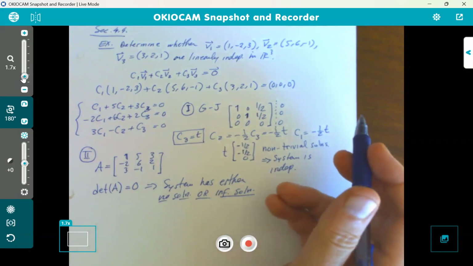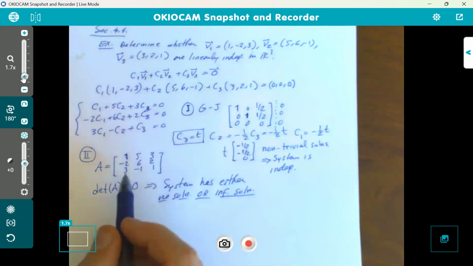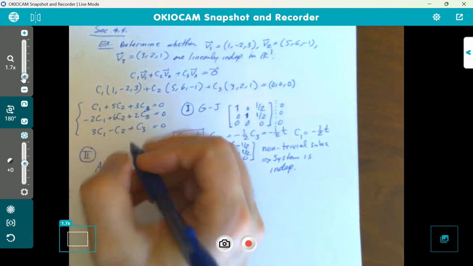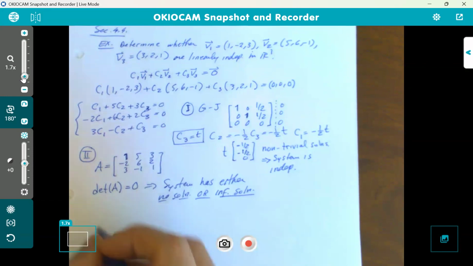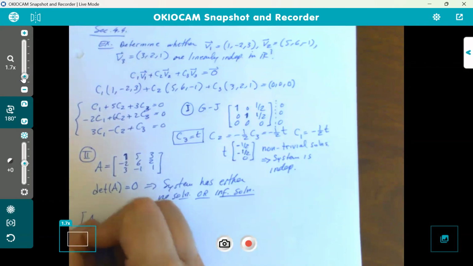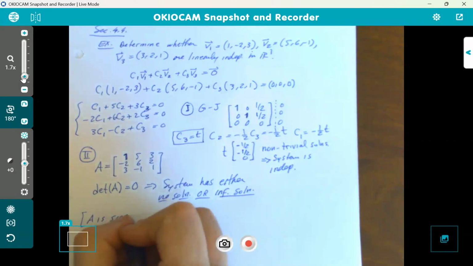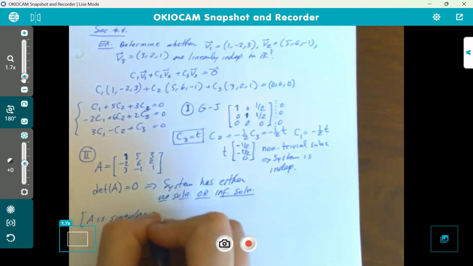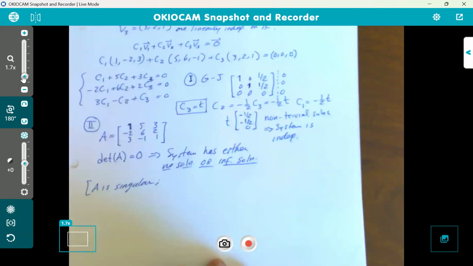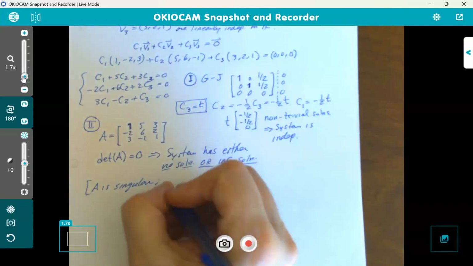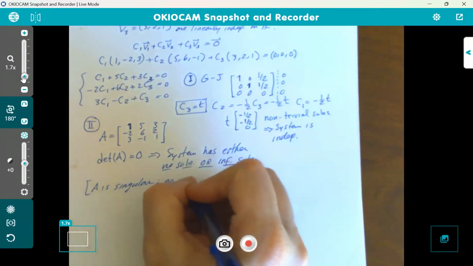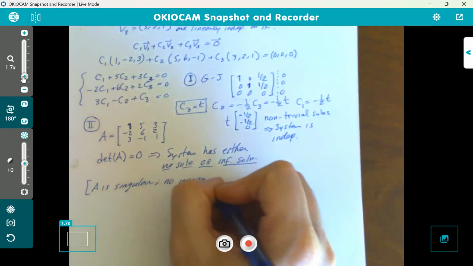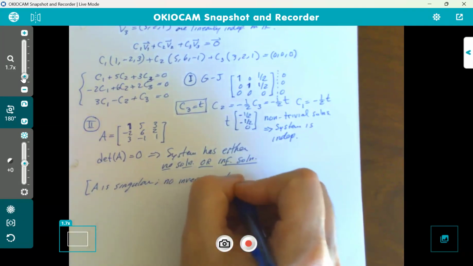In terms of the matrix, that means the matrix A is singular. And remember, the consequence of a singular matrix is that there is no inverse. No inverse exists.